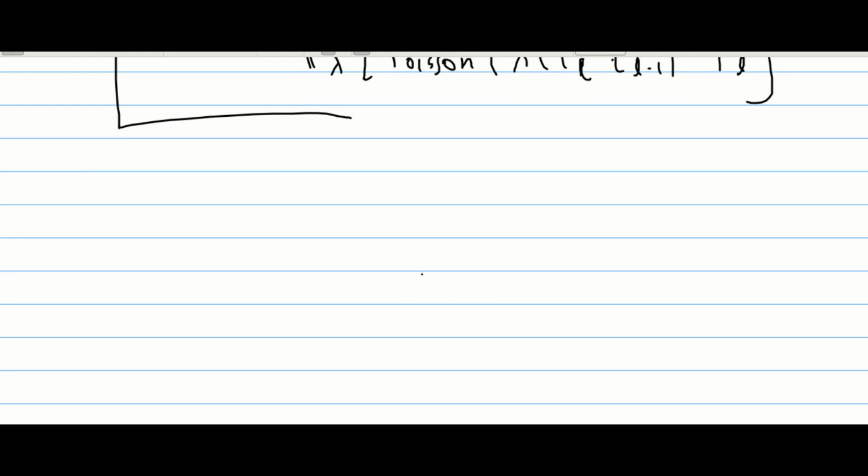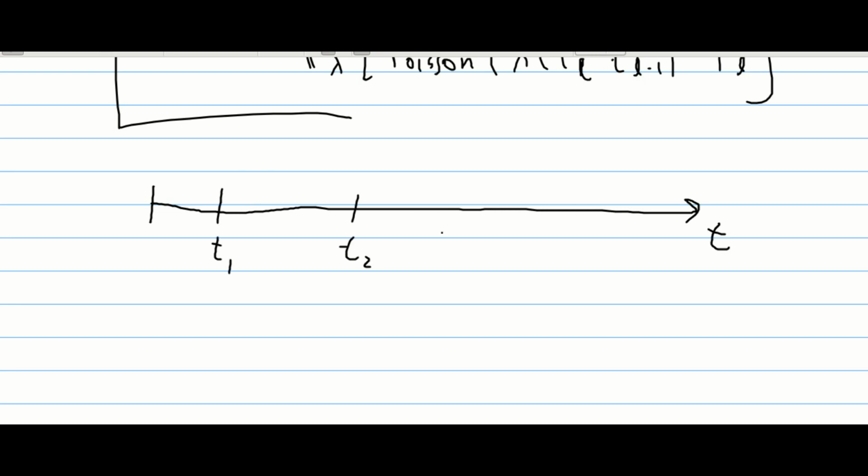Now, what we're going to do next is to study what happens inside each of these intervals. So we're looking at the line here, and we're splitting it into intervals like this. One thing we already know is that the jump you do from one point to the other is independent. But we don't know about the points we get inside, the jump times, let's mark them in a different color.